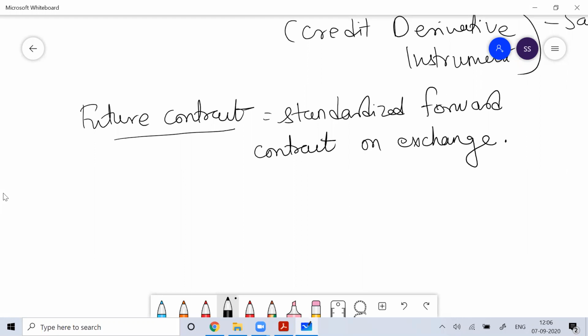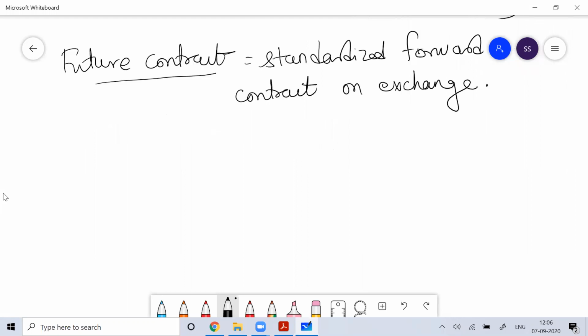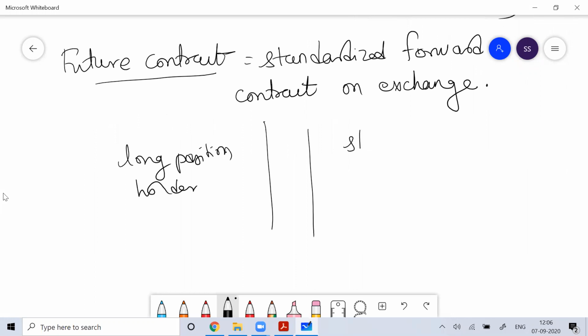Whenever a long position holder and a short position holder get into the futures contract, both persons have to deposit money with the exchange. The money they deposit with the exchange is called the initial margin.